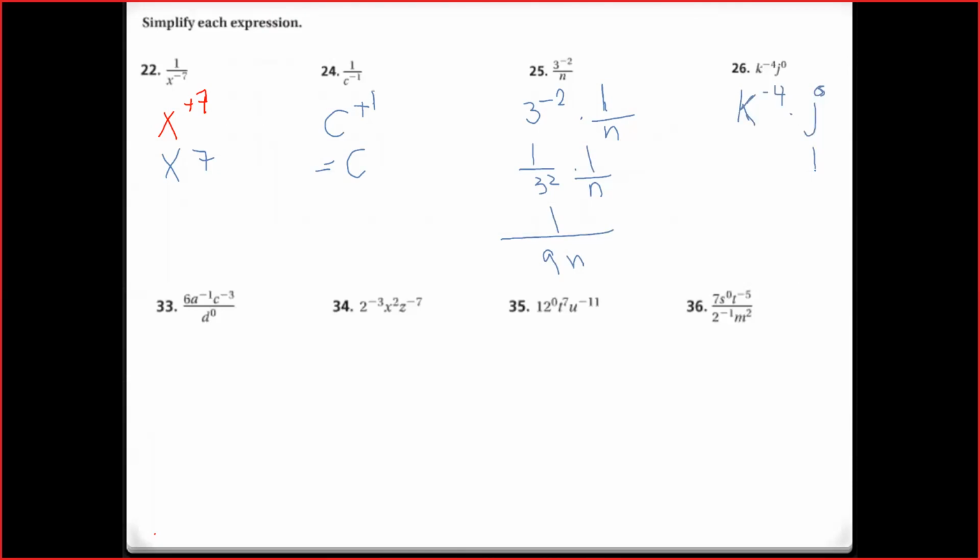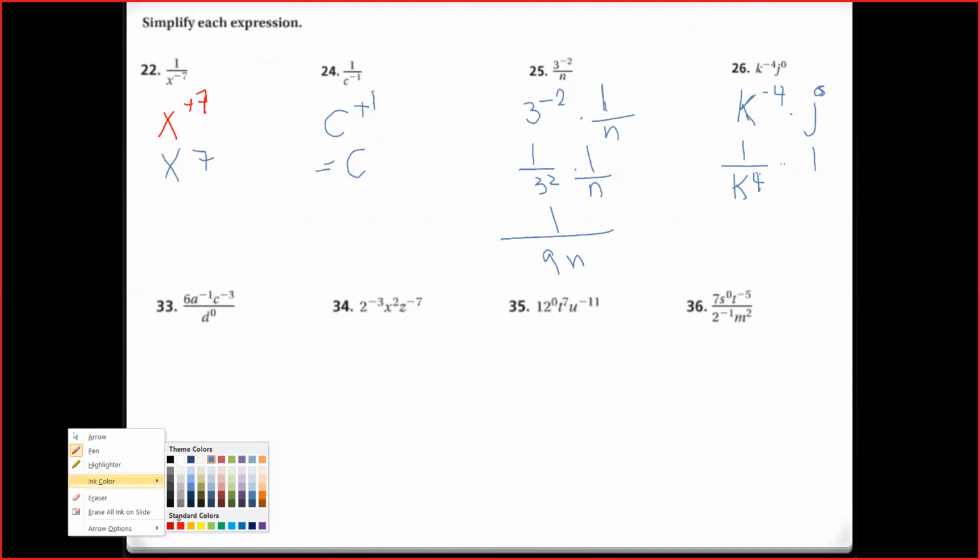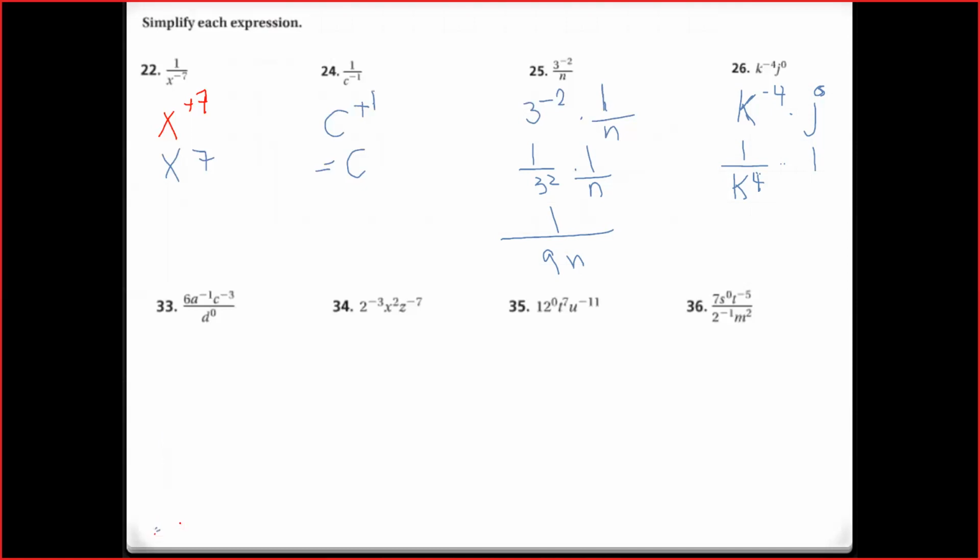What is the reciprocal of k? It is 1 over k. And the opposite of negative 4 is 4. So now it will be 1 multiplied by 1 is 1 over k to the positive 4.